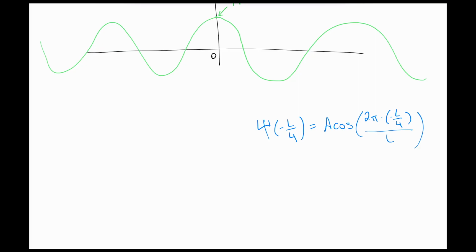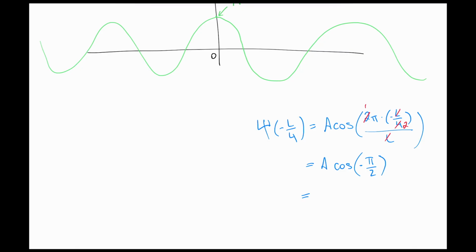Okay, so how does this look? It looks like we have a cancellation of the L's over here, and a cancellation of 2, cancellation of 1. So what we get is a cosine of negative pi over 2. Interesting.